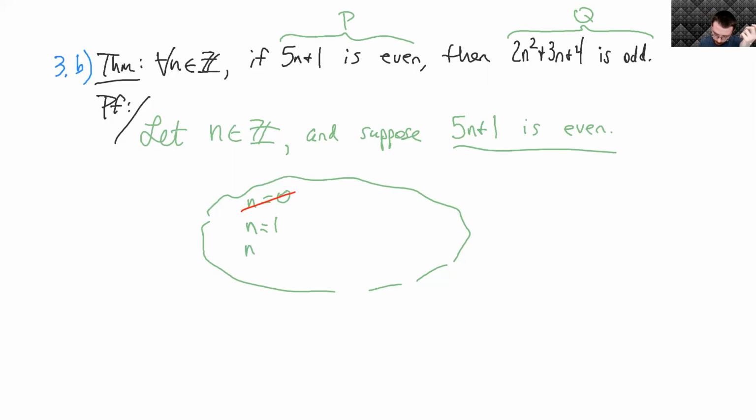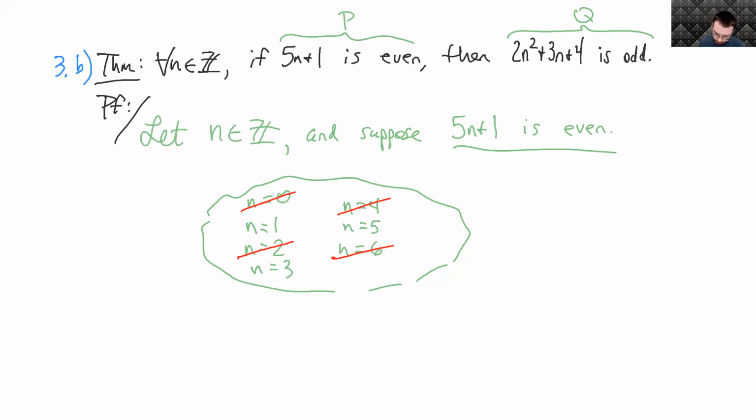That's good. What about n equals 2? That would give me 11, which doesn't work. But n equals 3, that would be 15 plus 1, so that's 16, which is even. N equals 4, it's 21, not even. N equals 5, hopefully you're seeing a pattern here. N equals 6 fails. This only works if n is odd.